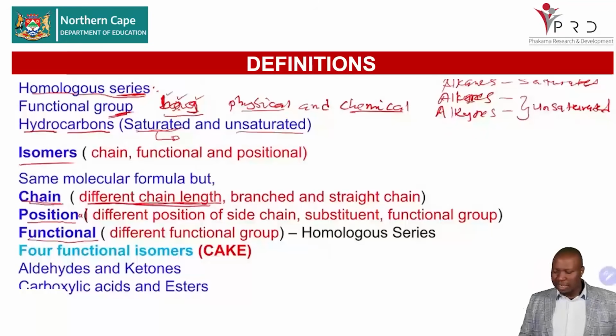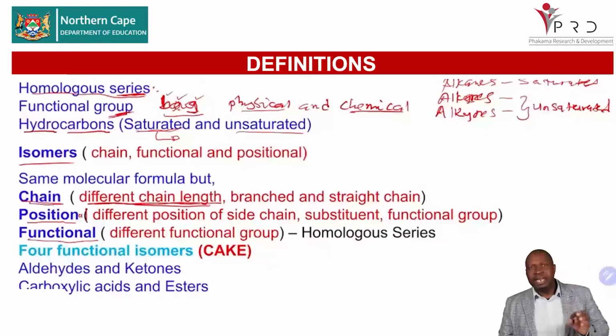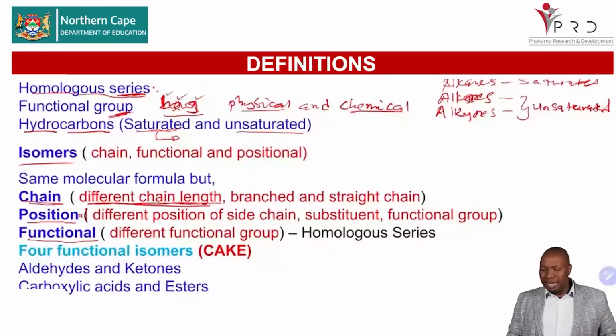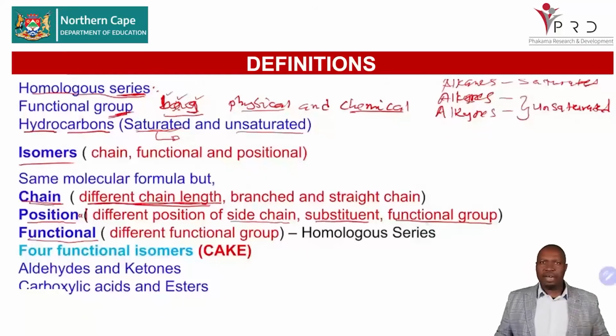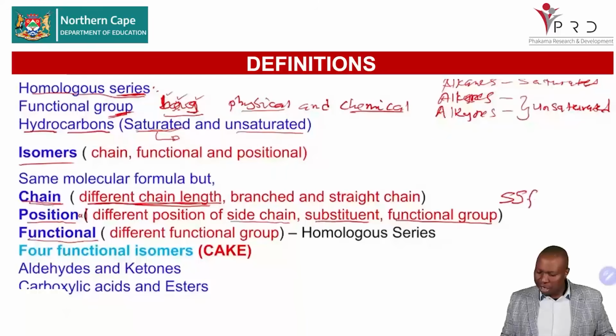And then for positional isomers, same molecular formula but different position. Please remember the different position is three things that have different position. I know that you might be used to saying they have the same molecular formula but different functional group. No, you must mention all three of them. They have a different position of the side chain, of the substituent, and of the functional group.